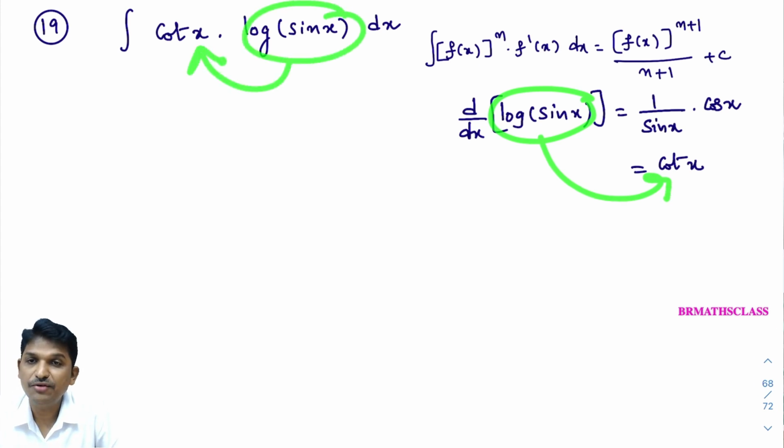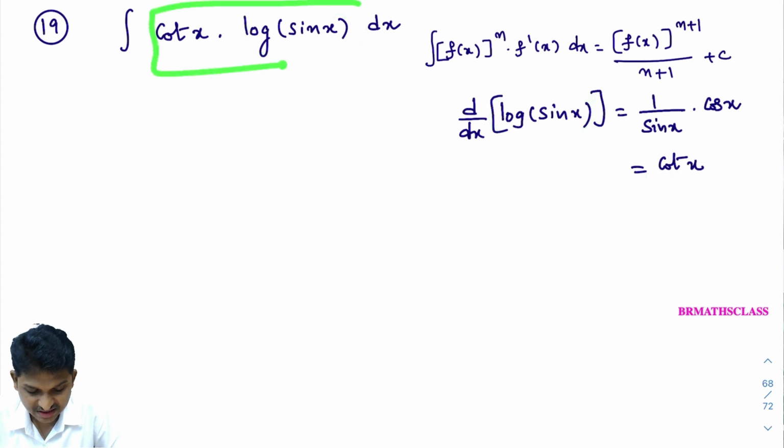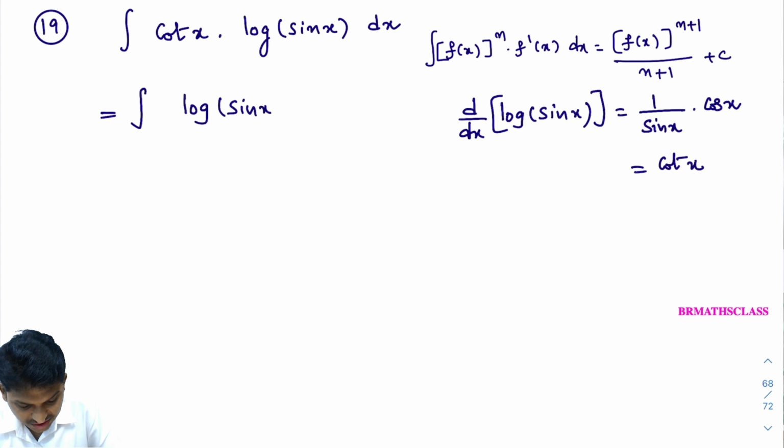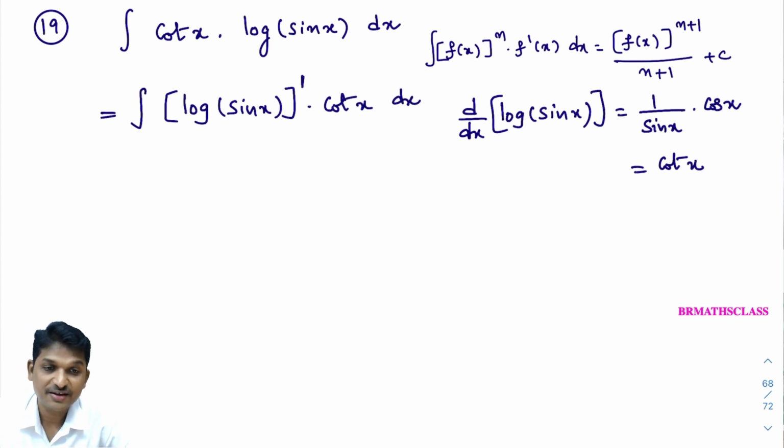With little bit of arrangement, I can write this in the form of f of x whole power n into f dash of x dx. Look here, that equal to integral of log sin x. I'll write first because it is multiplication only. Log sin x in the whole power 1 into cot x dx. Okay, what happened here?